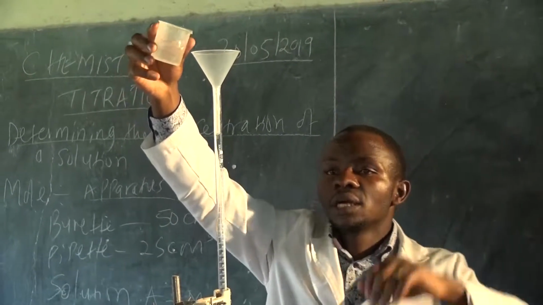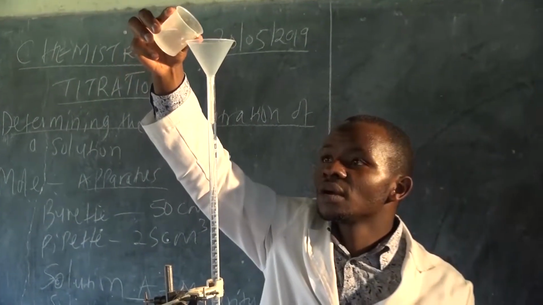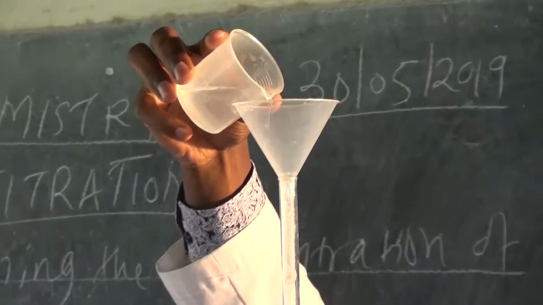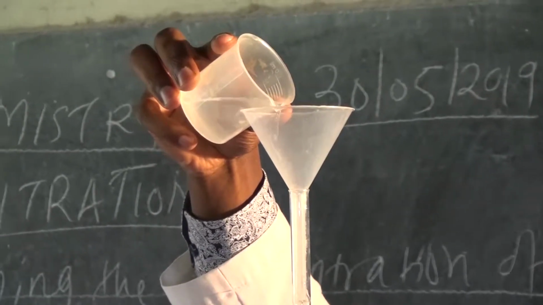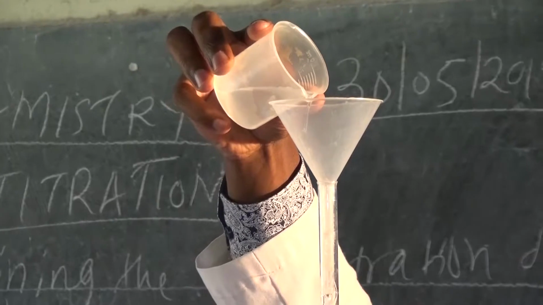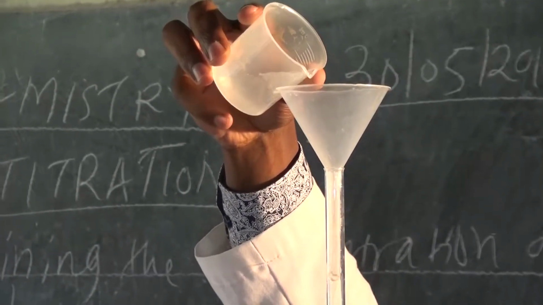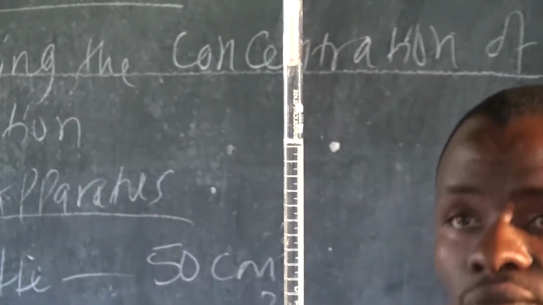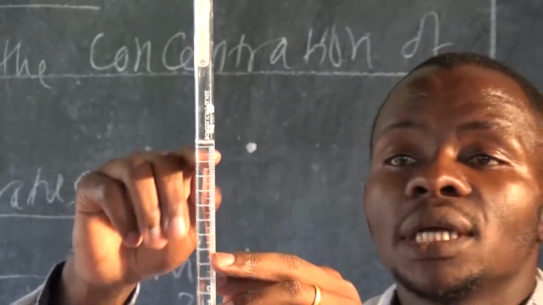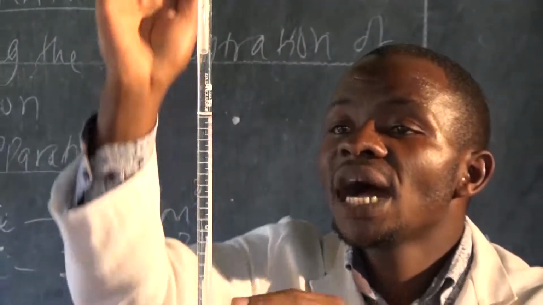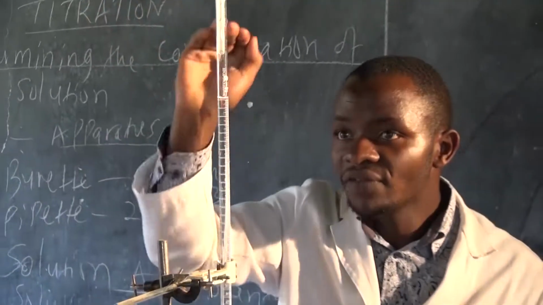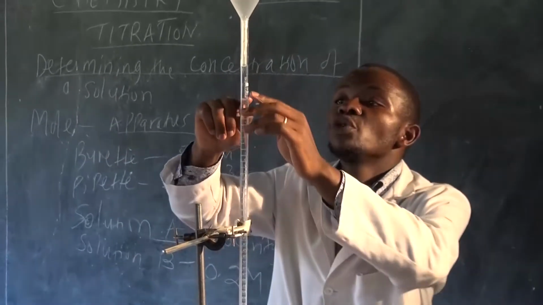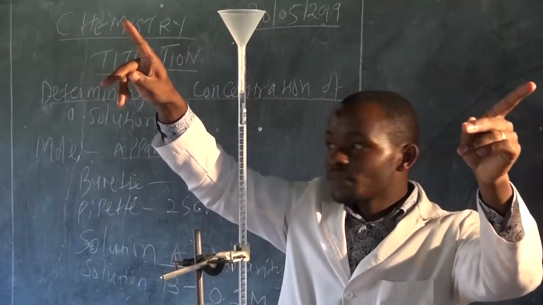Solution A. Wait, I do it, then you. You add up to the 0 mark. Let the solution A be a little above the 0 mark. You must add slowly, not very fast, because we don't want it to come out.